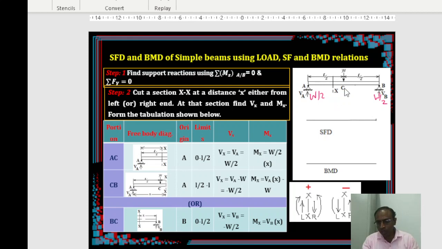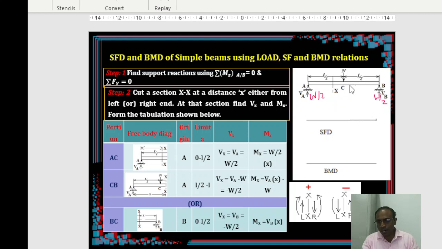Another point is, if you write an expression at section XX, it is not over. The bending moment and shear force vary from point to point.